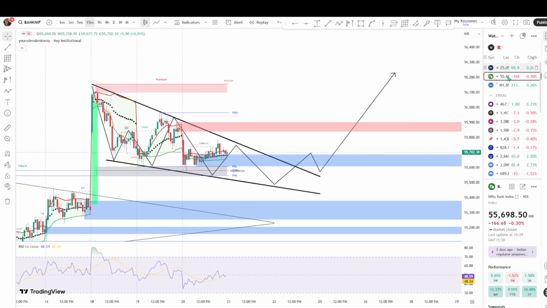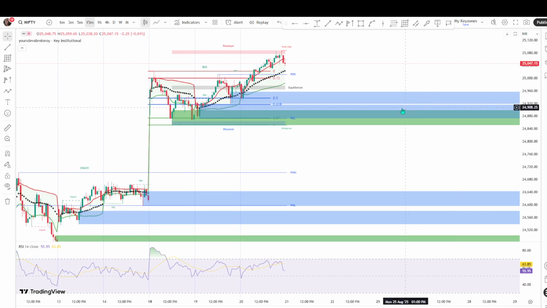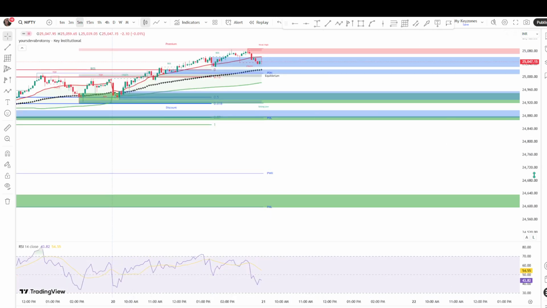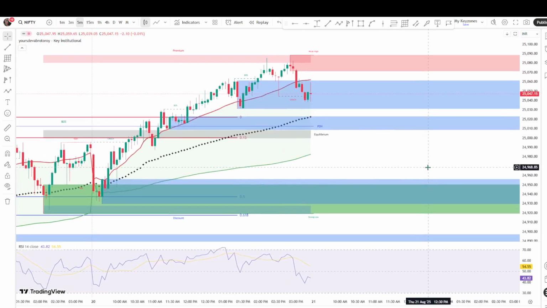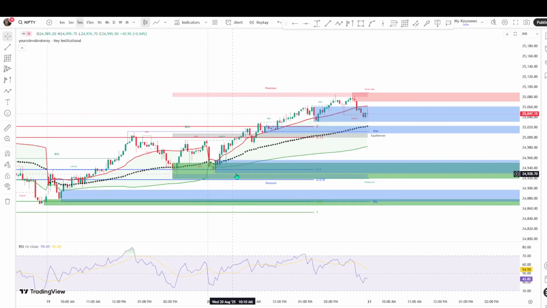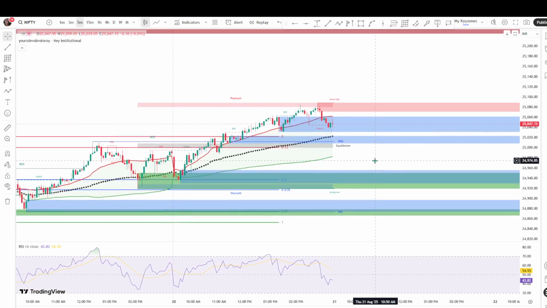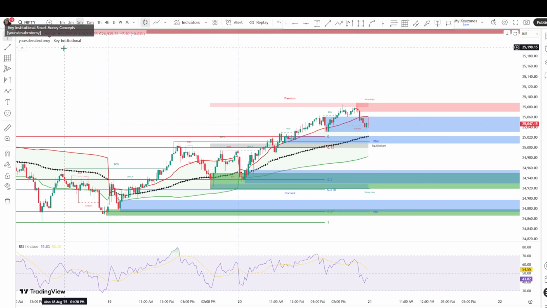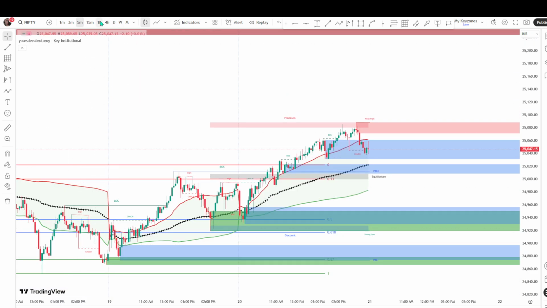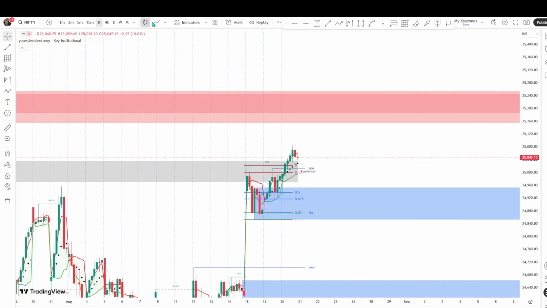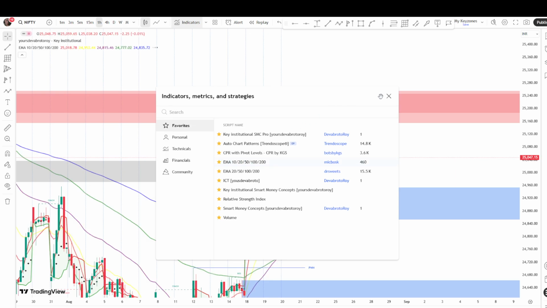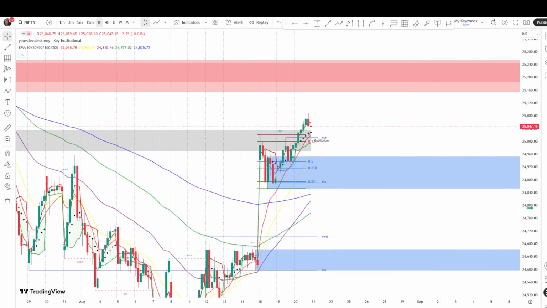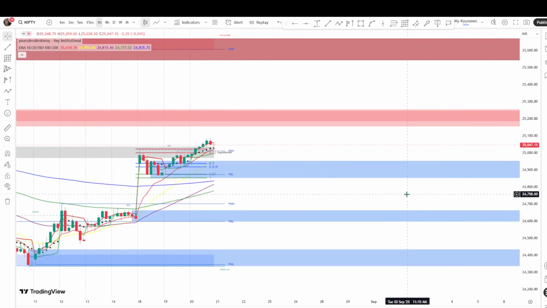Fine. Let me move into Nifty. Nifty has multiple buyers, one, two, three, four here. And if I move into the 1 hour chart and add multiple EMAs, you can see that there are multiple EMAs supporting Nifty.